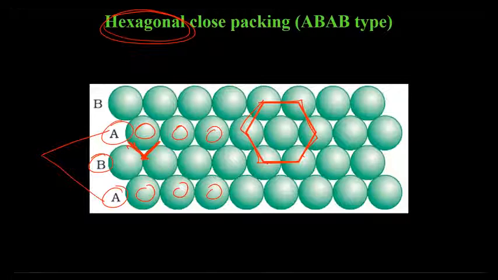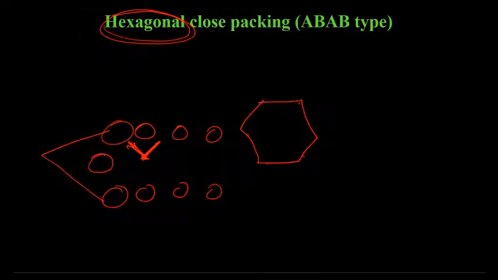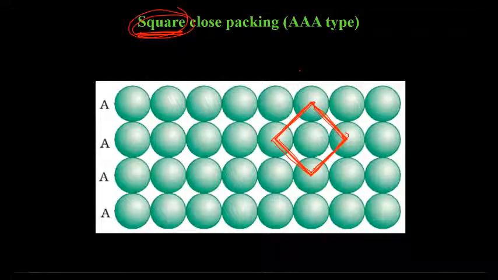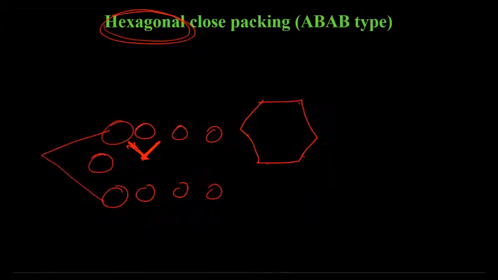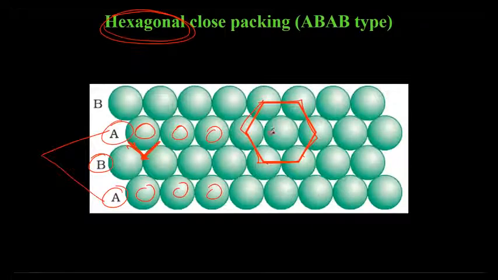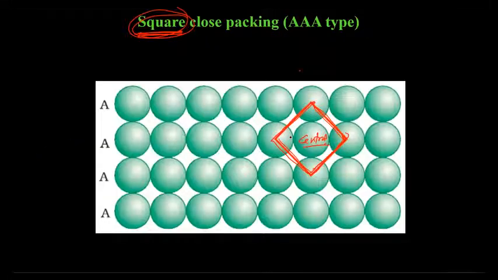In first case, a square is being formed by the atoms around an atom. So this is the central atom. Around it, a square is being formed. In this case, central atom, around it, hexagon is being formed. So hexagonal closed packing. We will use these two to make three-dimensional packing.